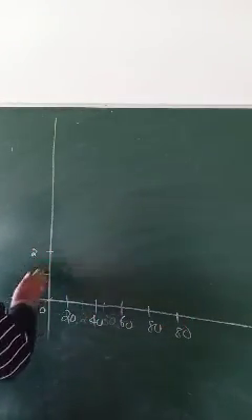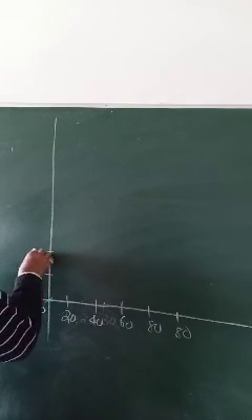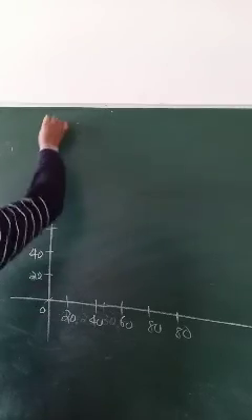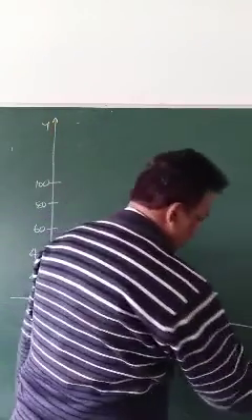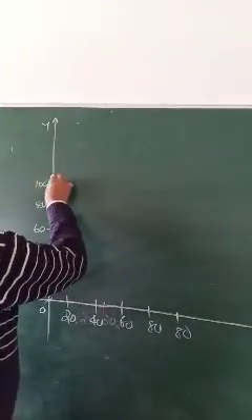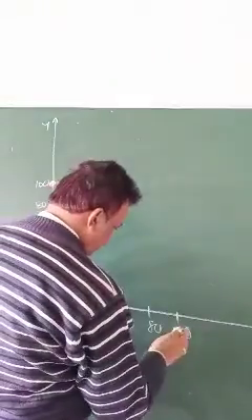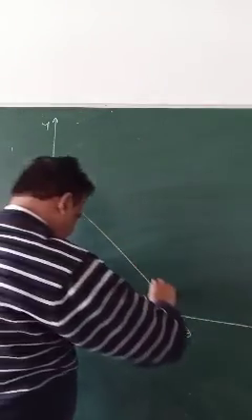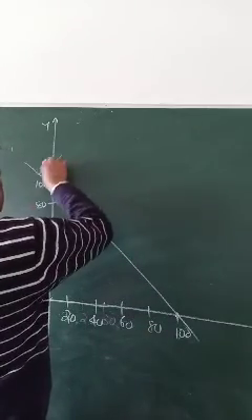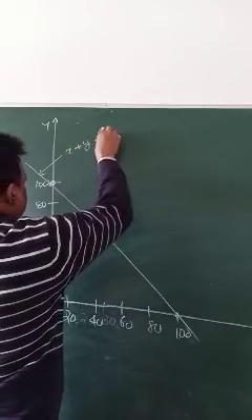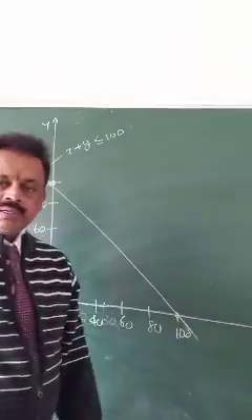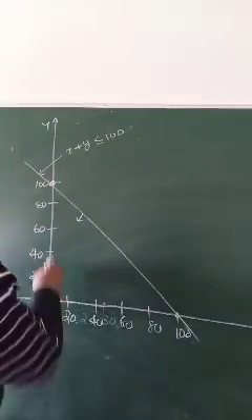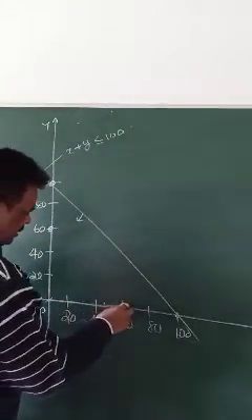10, 20, 40, 60, 80, 100. This is your y-axis, this is your x-axis. First is 0, 100; 100, 0. So this line is x plus y less than 100. Towards origin, keep it in mind. Then 0, 60; 60, 0.